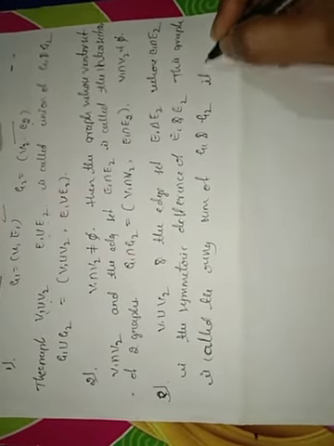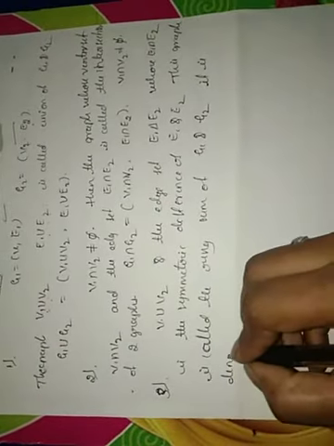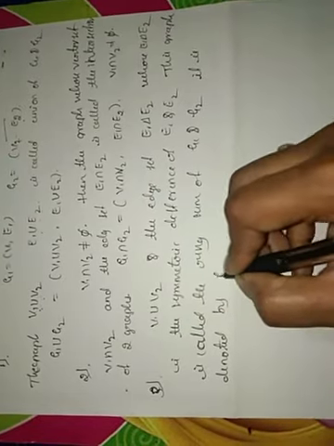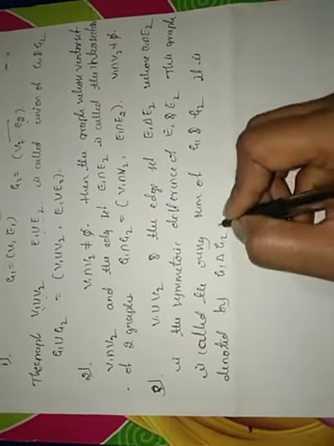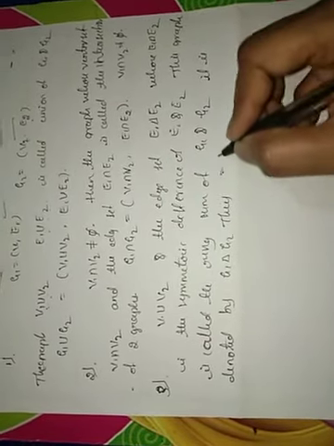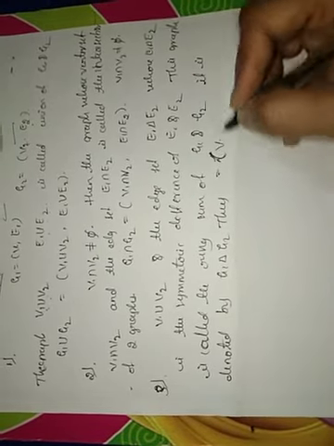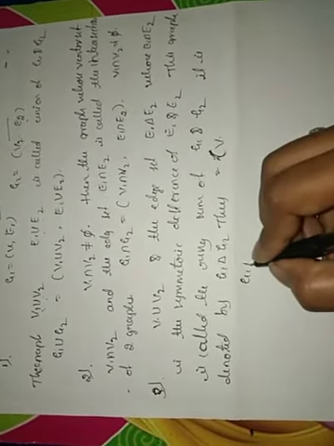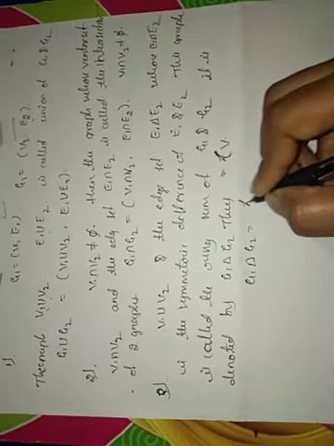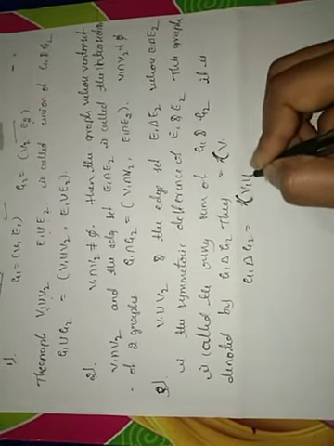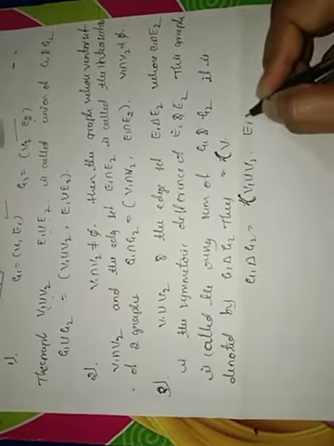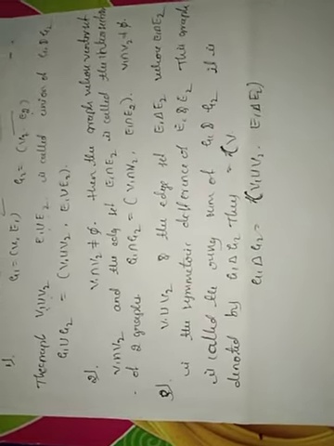It is denoted by G1 delta G2. Thus it can also be defined as G1 delta G2 is equal to V1 union V2, E1 delta E2.